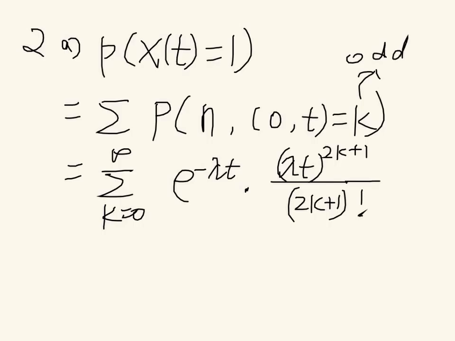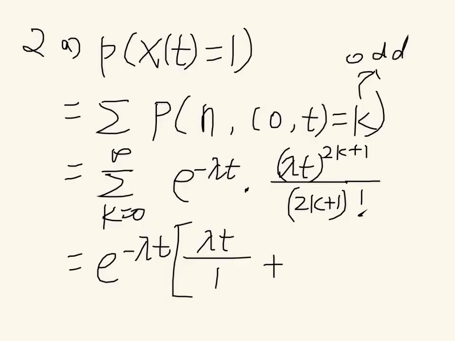So this is equal to e to the minus lambda t times, when k is equal to 0, lambda t over 1 plus (lambda t) to the power 3 over 3 factorial plus dot dot dot.